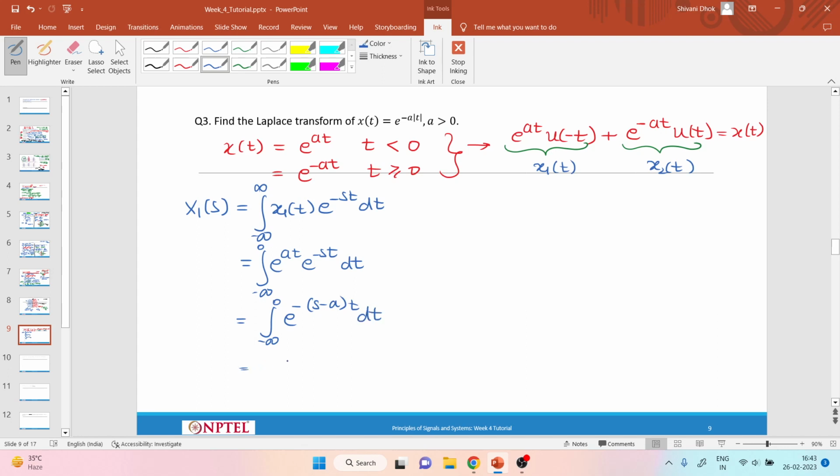This is equal to e^(-(s-a)t) upon minus (s-a), from minus infinity to 0, and this will be equal to minus 1 by (s-a). When will it be the case? When this exponential tends to 0 as t tends to minus infinity, and that will be the case only when the real part of s is less than a.